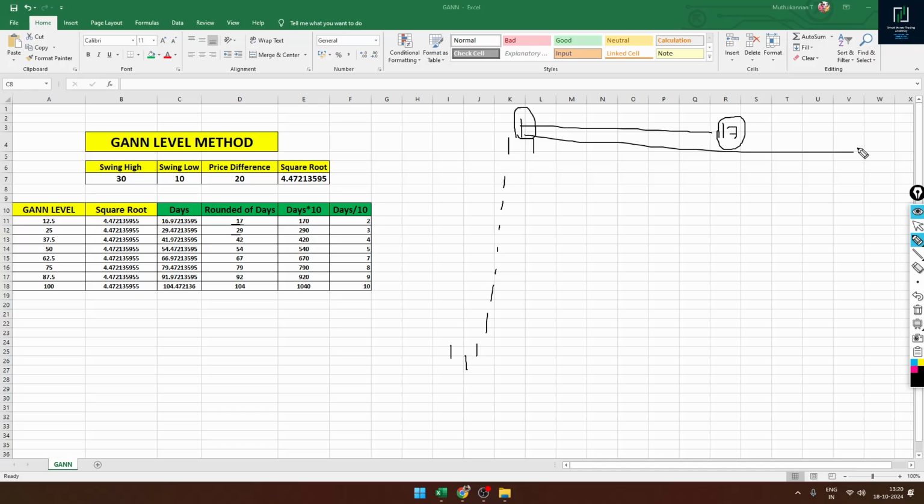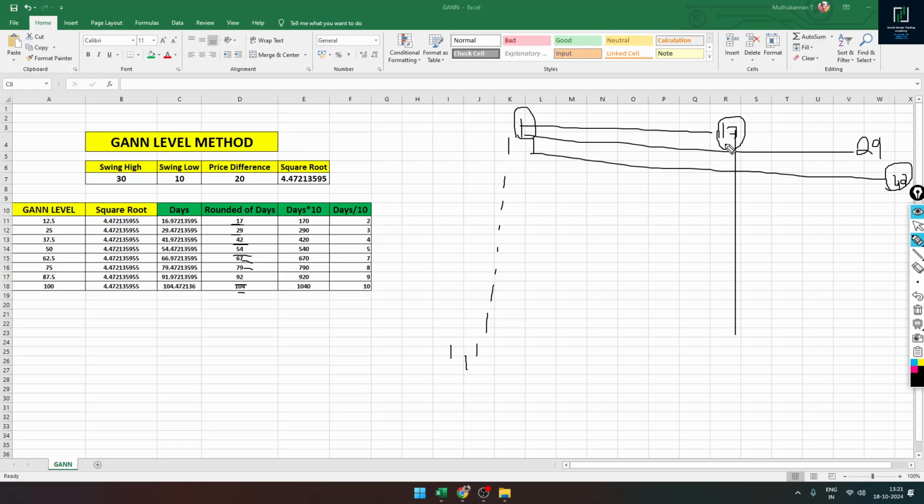Similarly, 42 candles. After 17 candles, after 29 candles, after 42 candles, and so on, you will be seeing some sort of reversals in the market. Either you will get exactly the reversal points, or maybe after or before the reversal points.